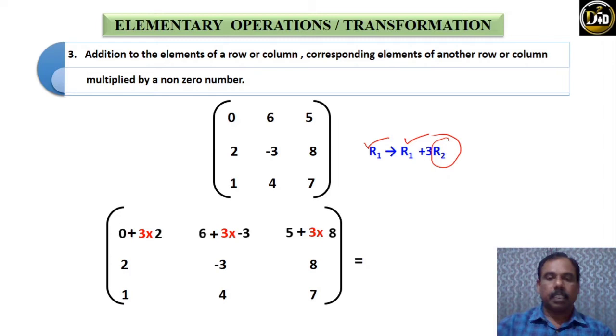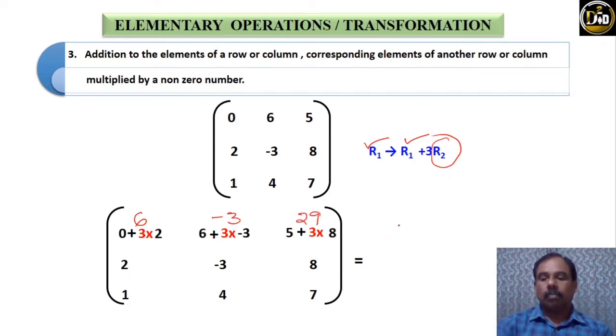On simplification, that is 0 plus 3 times of 2, we get 6. 6 plus 3 times of minus 3, 6 plus minus 9, so we get minus 3. And 5 plus 3 into 8, that is 5 plus 24, we get 29.